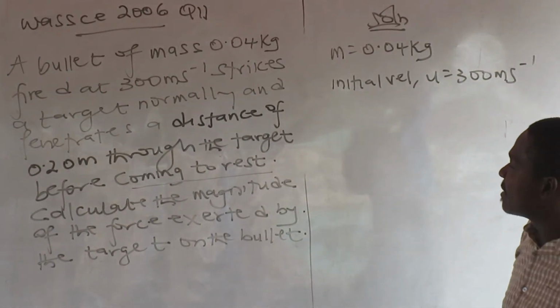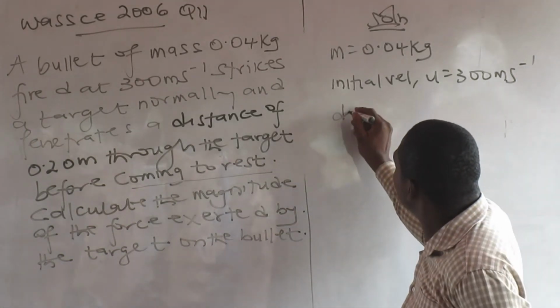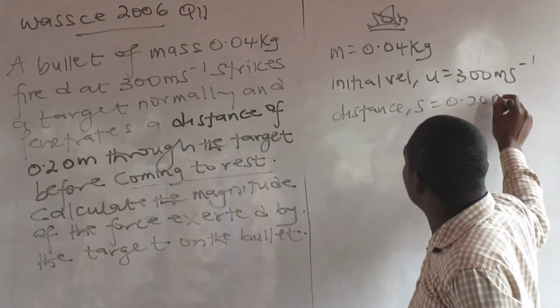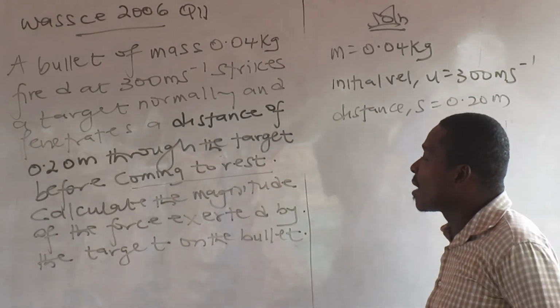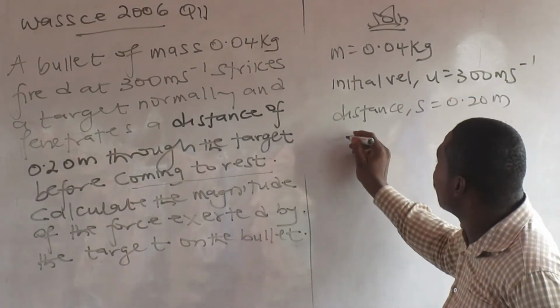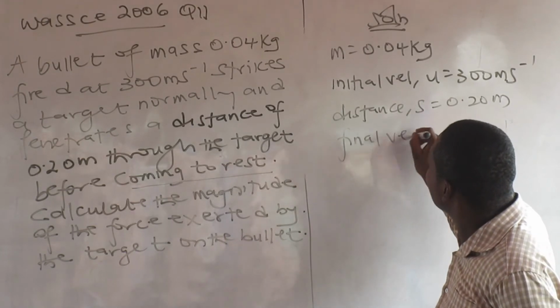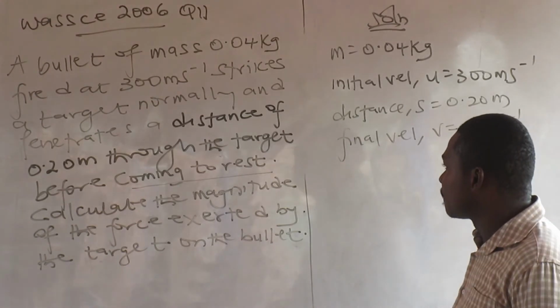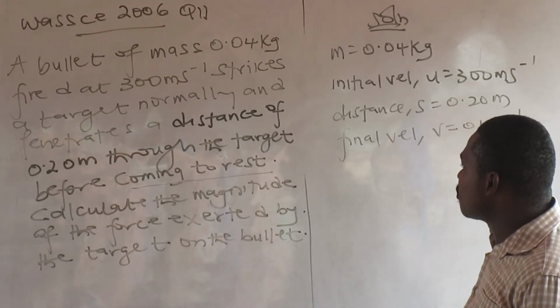And penetrates a distance, okay, that's the distance here, 0.20 meter, through the target before coming to rest. Coming to rest. So v is what? 0. Good. Calculate the magnitude of the force.